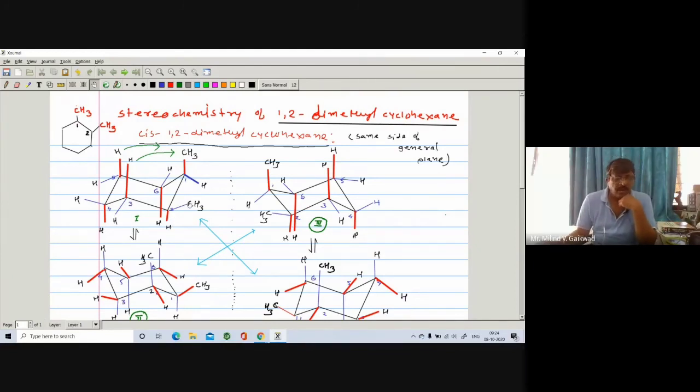If you see this model from the C2-C1 axis, you will see that the methyl group is axial and the methyl group is equatorial. So they are skewed to each other. For each butane-Gauche or butane-skew interaction, we add 0.9 kilocalorie per mole energy. So here we have to add 0.9 kilocalorie per mole energy.